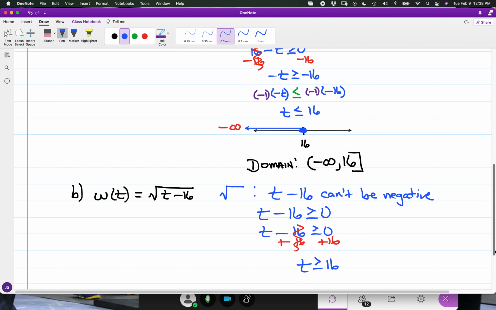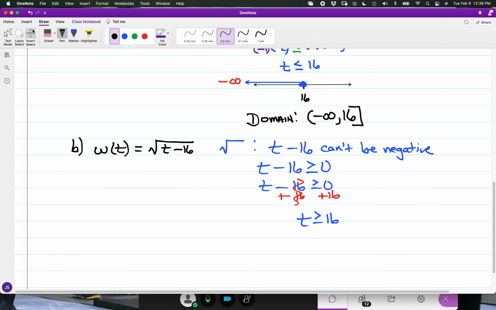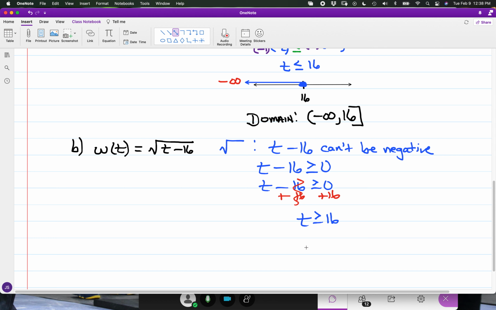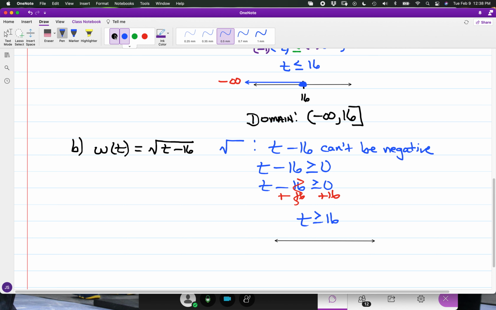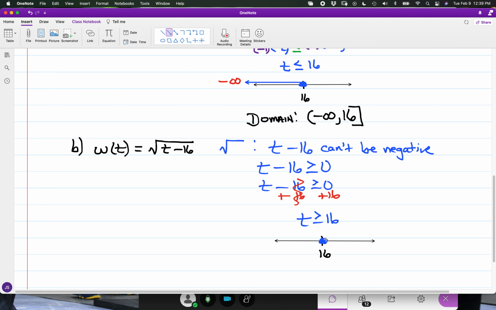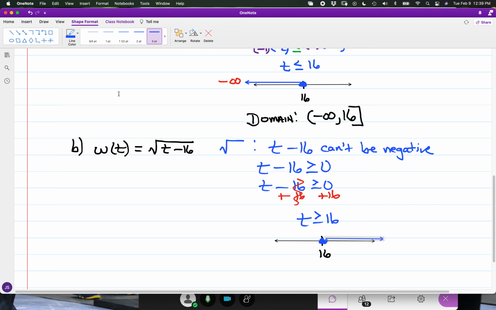And just illustrating with the use of a number line, 16 is going to be included, and on 16, thanks to the equal sign, we're going to have a closed point. The rest of the values in t will be greater than, and so there will be a ray going out to the right and approaching infinity.